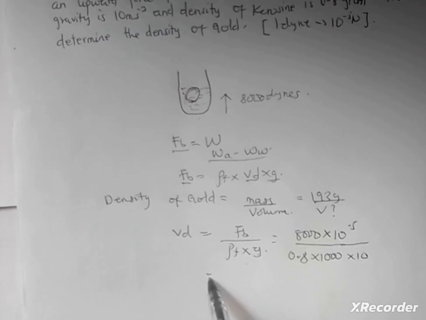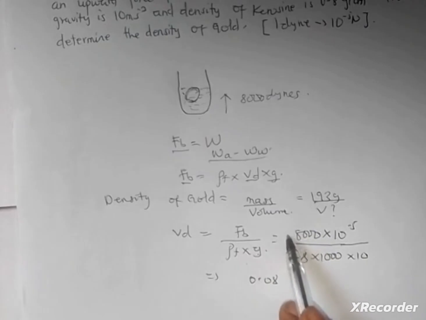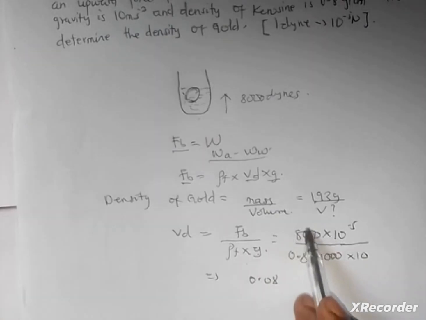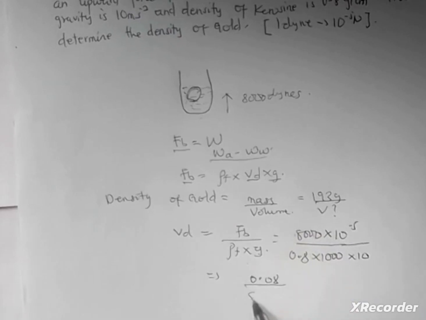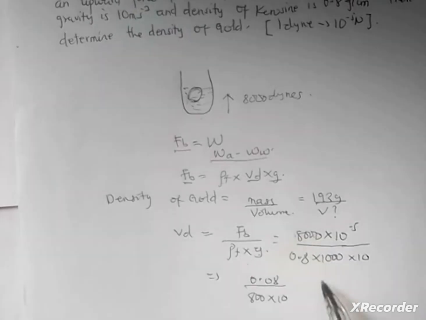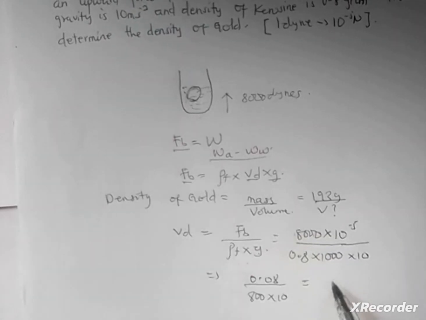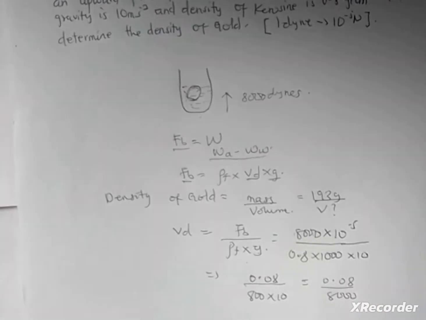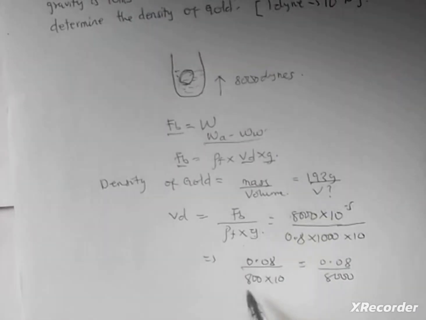So I push this forward, I'm going to get 0.08 over 800 times 10, so my volume of liquid displaced is 0.08 over 8,000, and that gives me 1 times 10 to the power negative 5 meter cube. So my Vd is equal to 1 times 10 to the power negative 5 meter cube.